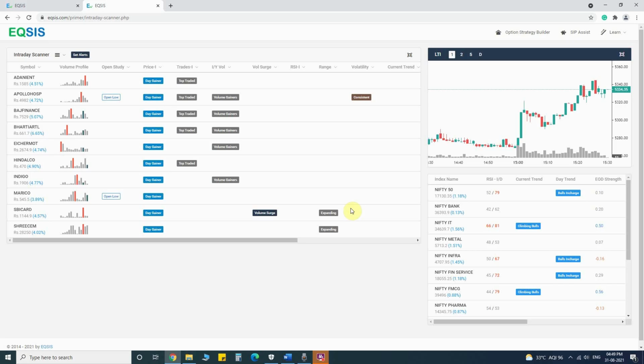In simple terms, we have tested close to 5,000 combinations. Let me tell you, day gainer top traded is one combination, top gainer volume gainer is one combination, consistent volume gainer is another combination. Likewise, there are so many columns with so many possible combinations. Out of 5,500 combinations, hardly a hundred combinations alone make sense, but 95 percent of combinations are not giving many trades, not giving much stability in success ratios.